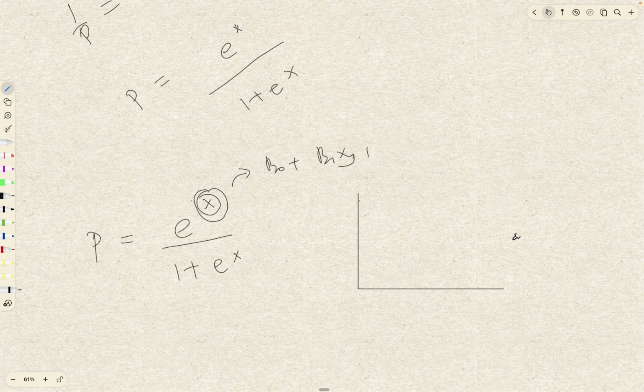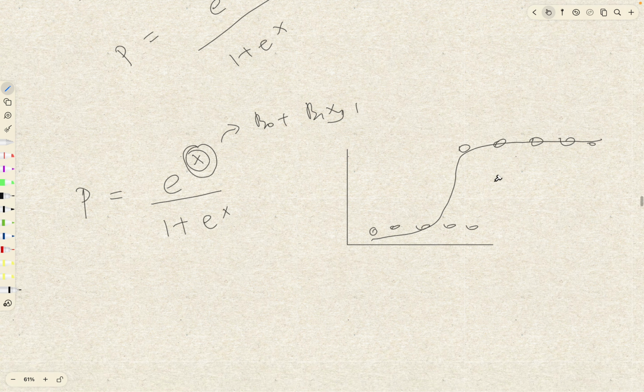And the shape of this function is exactly what we wanted at the beginning of the video: S-shaped. So we had data sets, data points like this, and our function, which is also called a sigmoid function. The shape of this function is like this, x is weight, and this is the probability, 0 to 1.